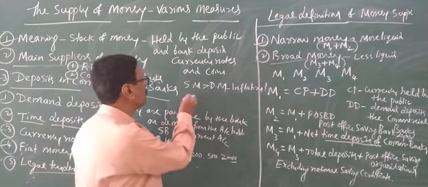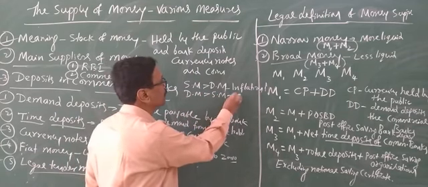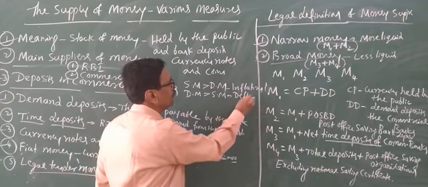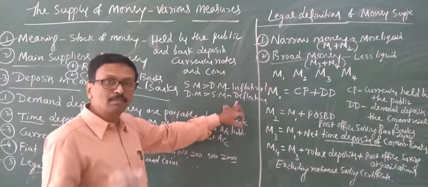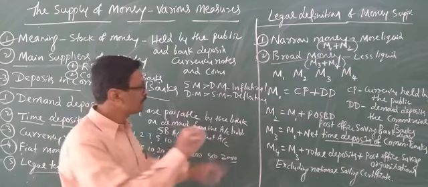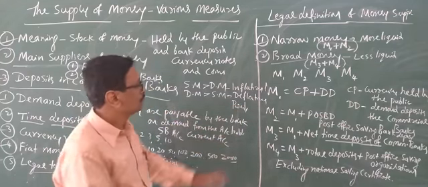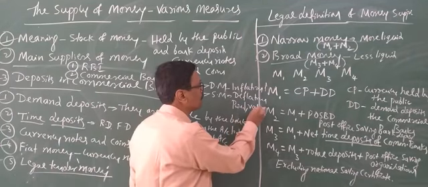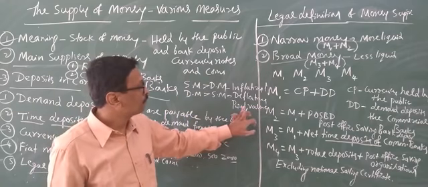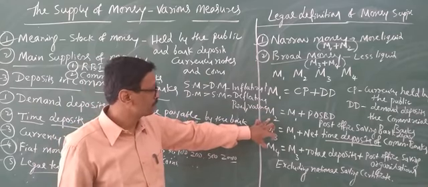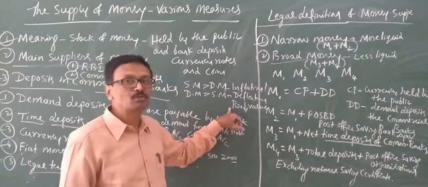In the other way, if demand for money is greater than supply of money, it becomes deflation. The general price level decreases, and the value or purchasing power of money increases. The price of goods and services gradually decreases in society.